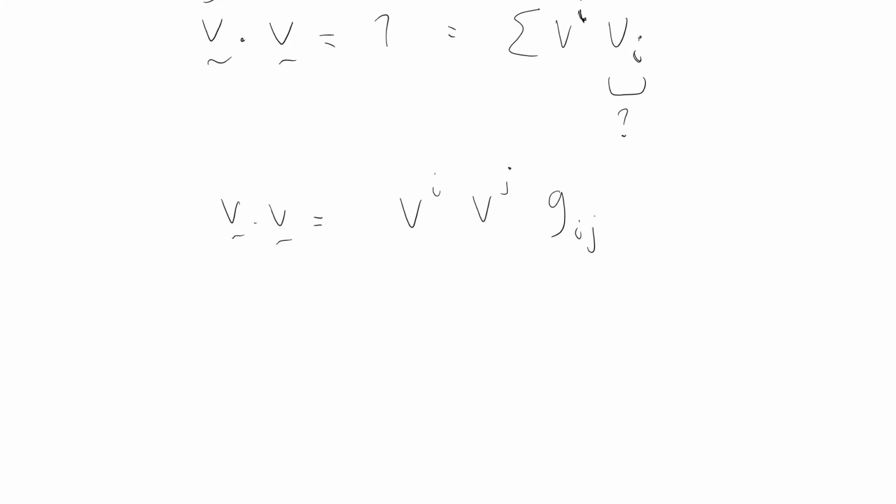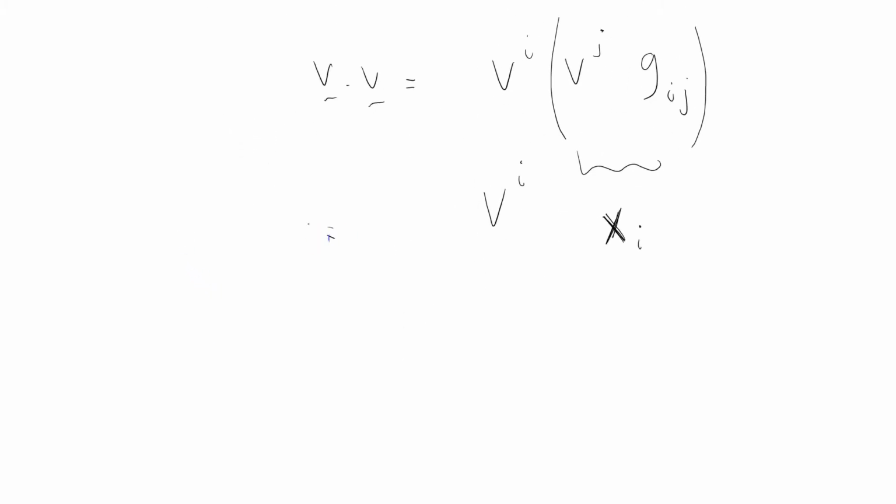Well, we've covered that many times in the previous screencast. What I'm going to do now is to bracket it like this, and I've got v^i. I could call this anything. This thing in the brackets here, I can call it x, and it's a subscript i, and that equals v dot v.